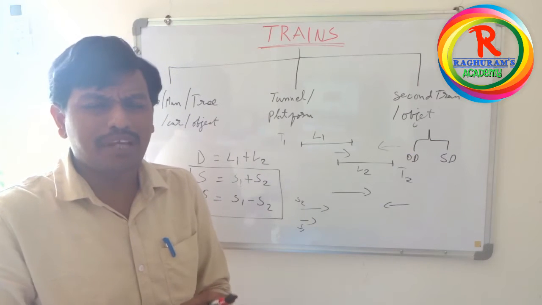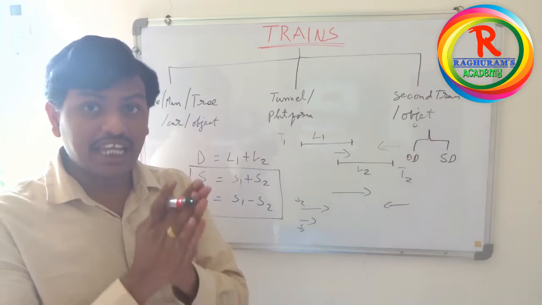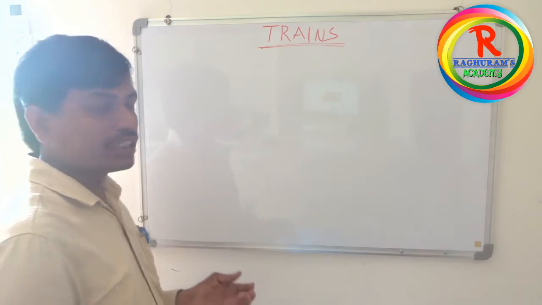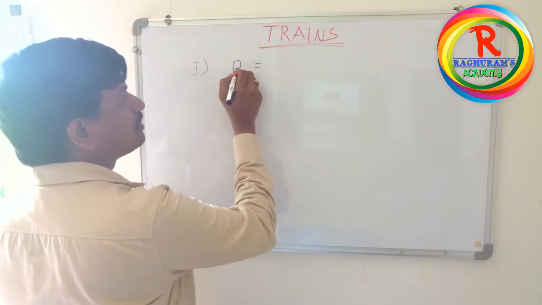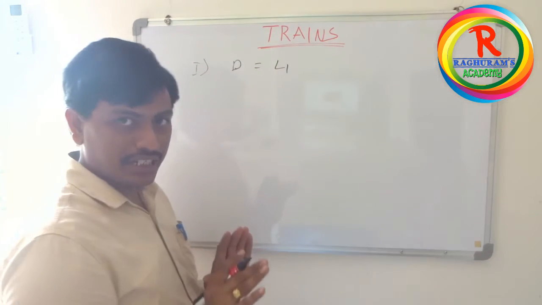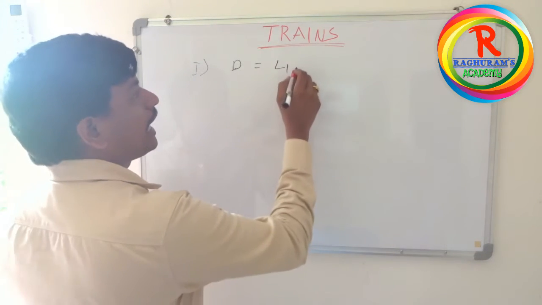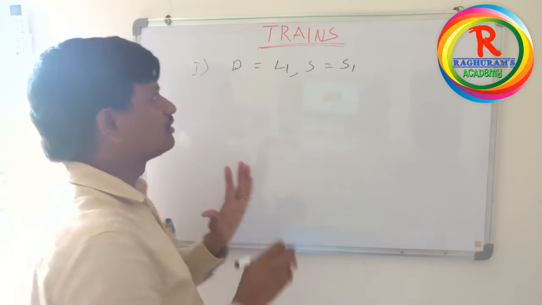Now I am going to explain some problems which may be expected. I am explaining each and every type of problem which can be expected in any competitive exam. In the first type of problems, distance is equal to train length, that is, it is crossing a pole or a man, and the speed is equal to the speed of the train.